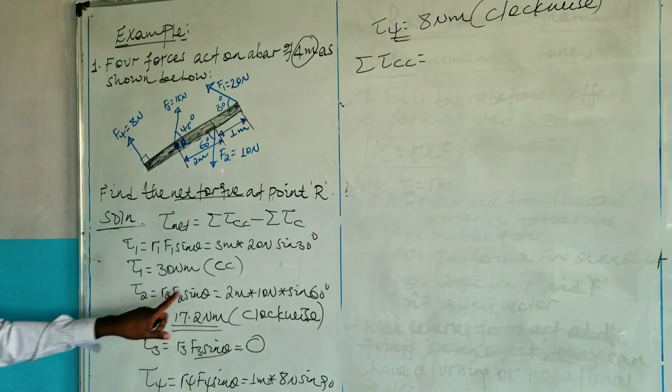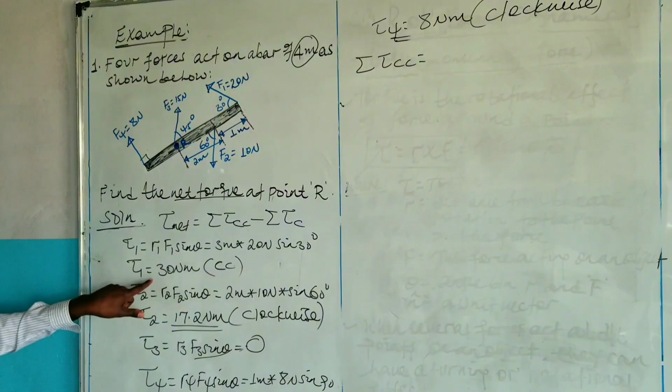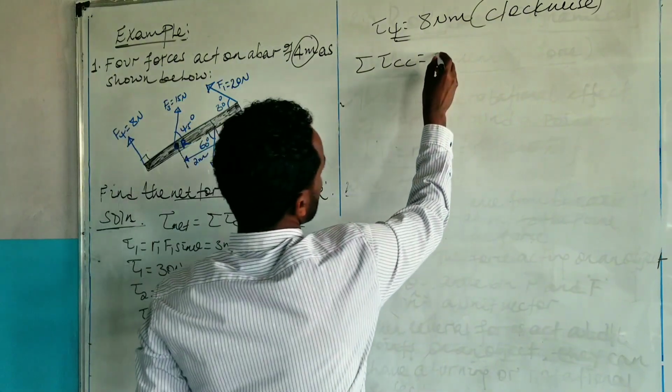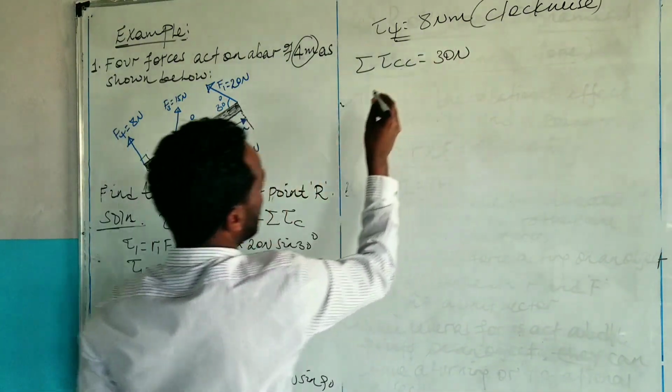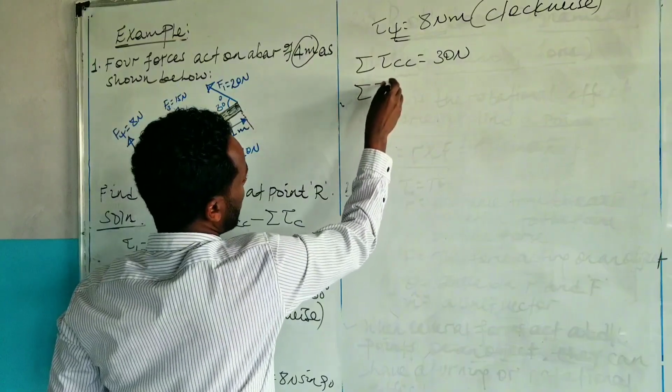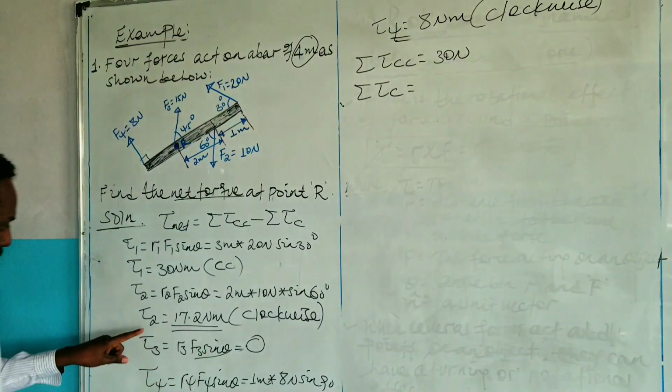ከዚህ በኋላ summation of torque in the directions of counterclockwise which is what? 1 አንድ ብቻ ነው አይደለ? Counterclockwise torque ያለን እዚህ ጋር torque 1 ብቻ ነው, which is 30 Newton meter, and the summation of the torque which is acting in the directions of clockwise is what?